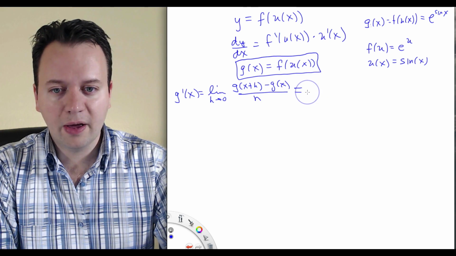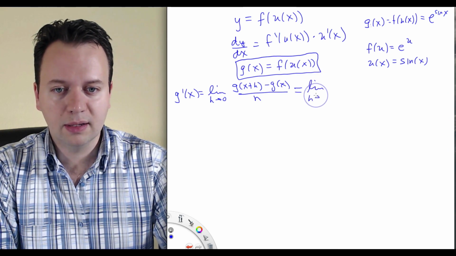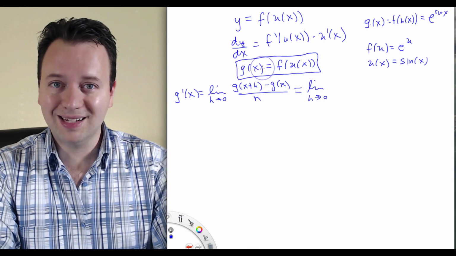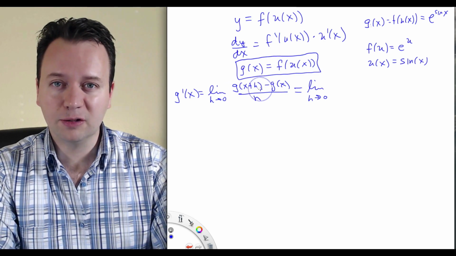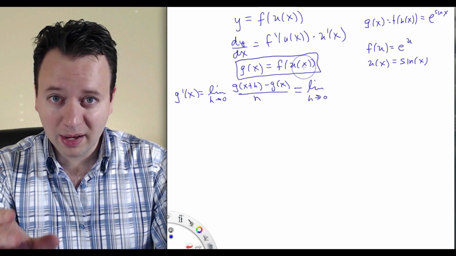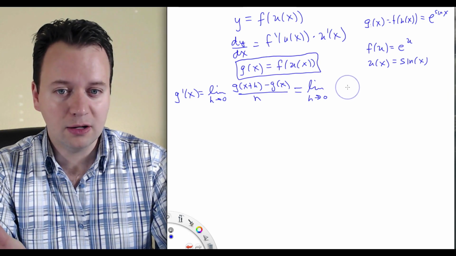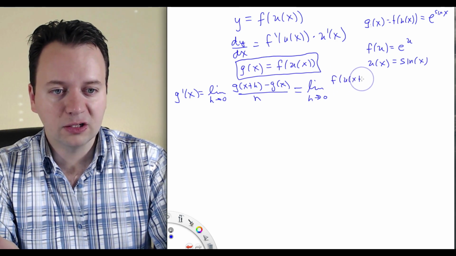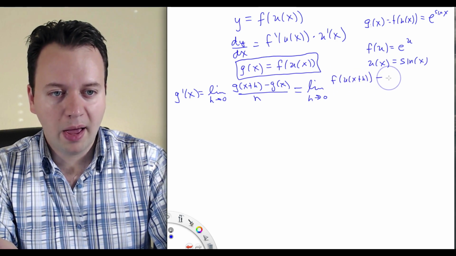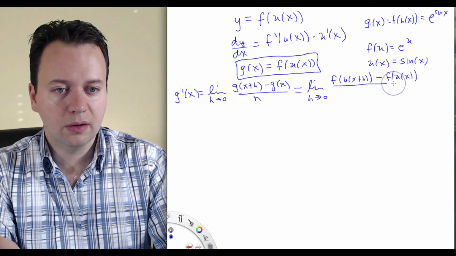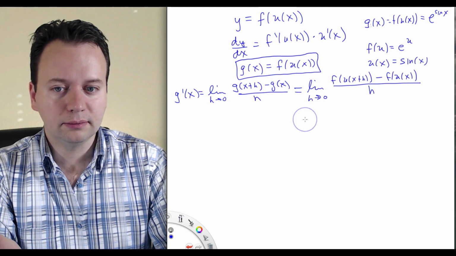Well, the first step, as always, in computing this limit is to take your function, in this case g, and replace it with its definition. So for g of x plus h, we take f of u of x and replace the x with x plus h. So we get f of u of x plus h minus f of u of x divided by h.